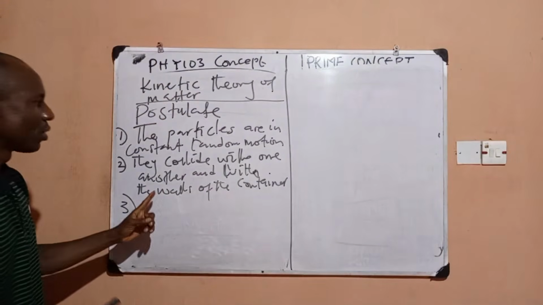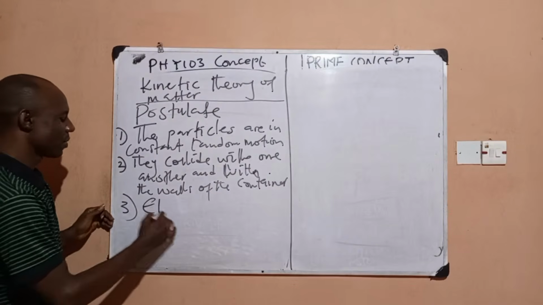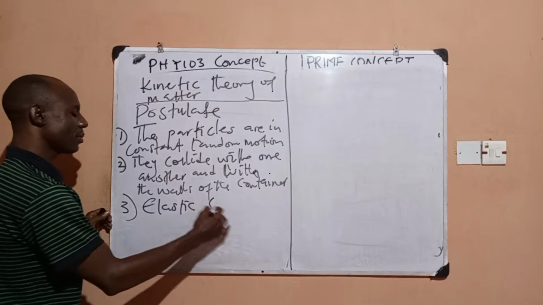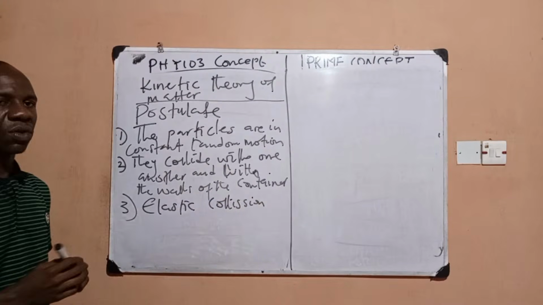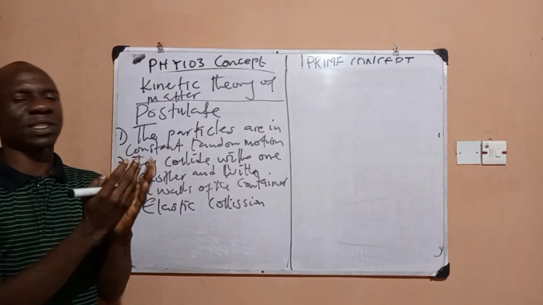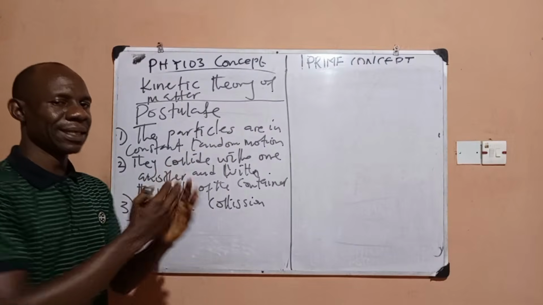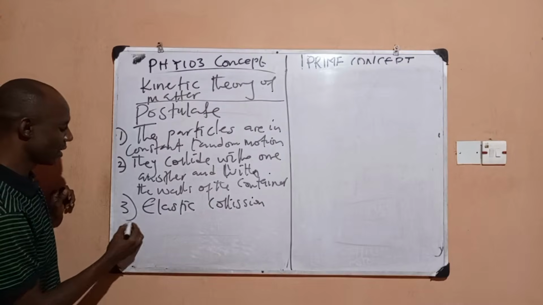So what kind of collision will gas particles have? Gas particles will have elastic collision, which simply means that when they collide with each other, they would separate. They don't stick together. They jam each other, they separate and move off with different velocities. So the collision is elastic.